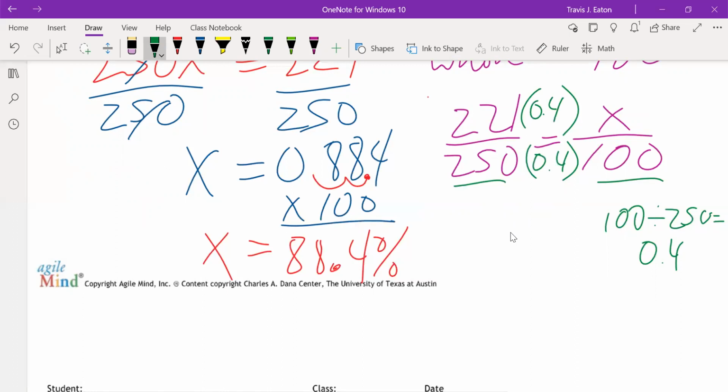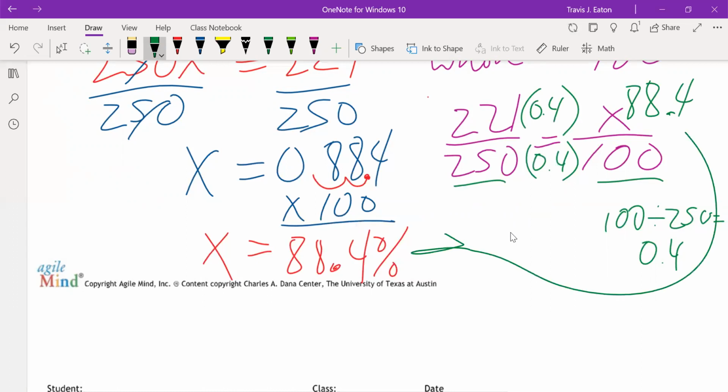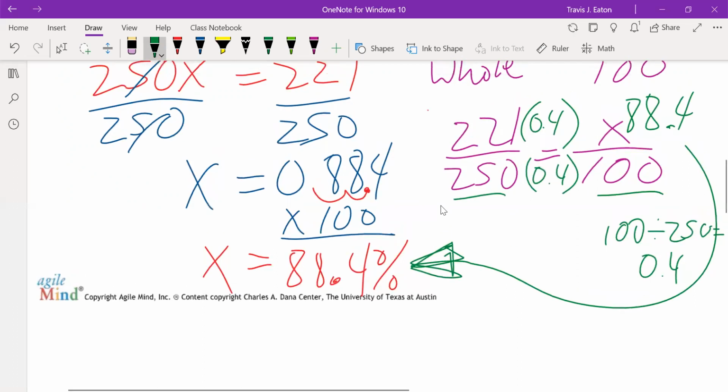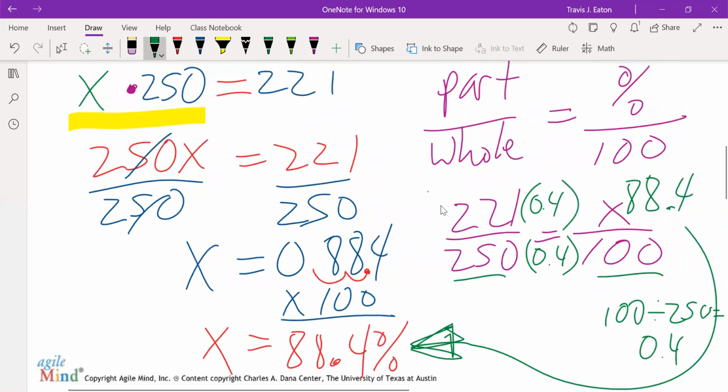And if we multiply it in the denominator, we have to multiply it in the numerator. So 221 times 0.4 is 88.4, which is exactly what we found over here as well. So a couple of different ways to find the percentage of something based on what you see.